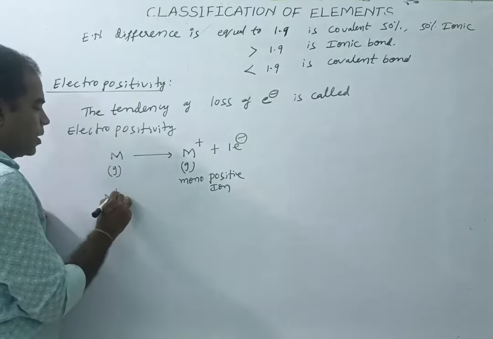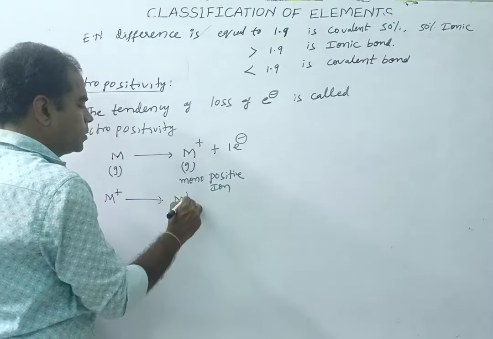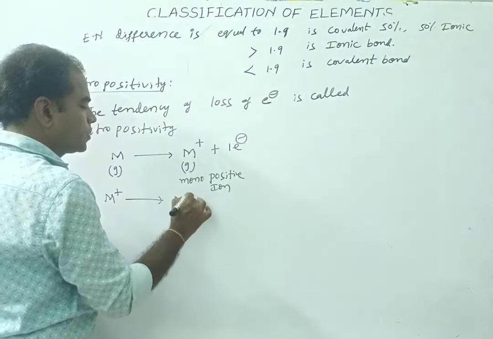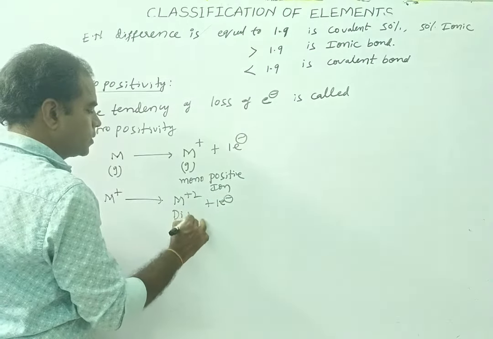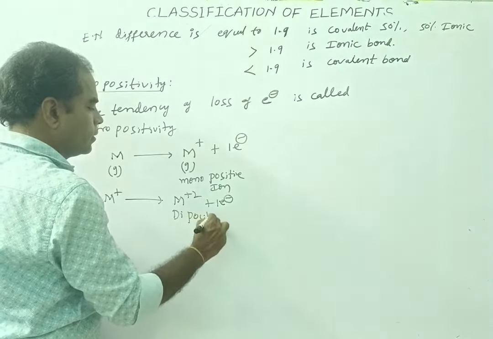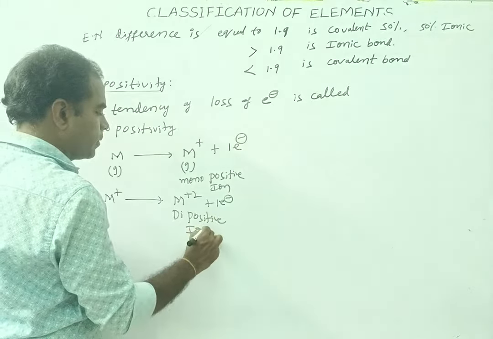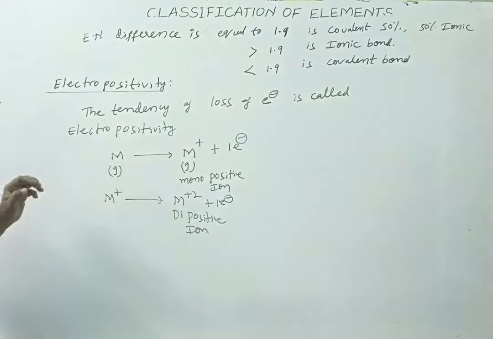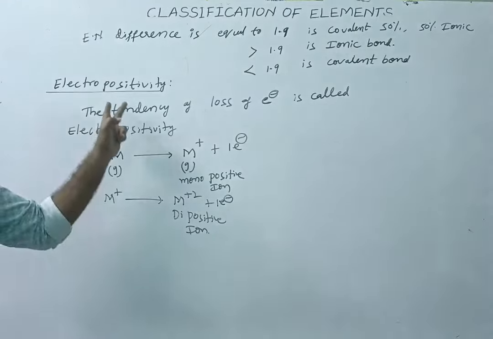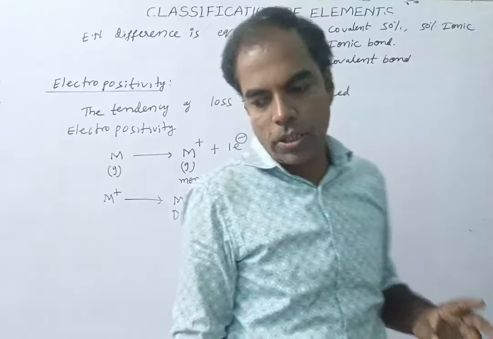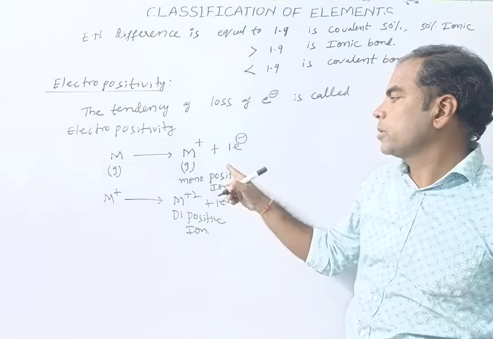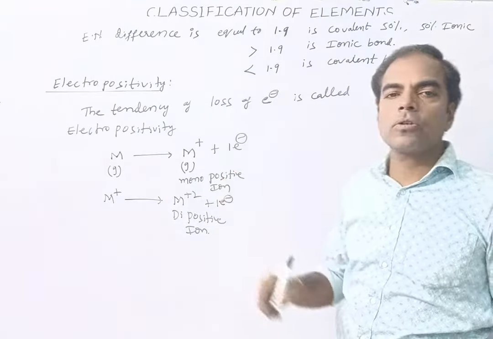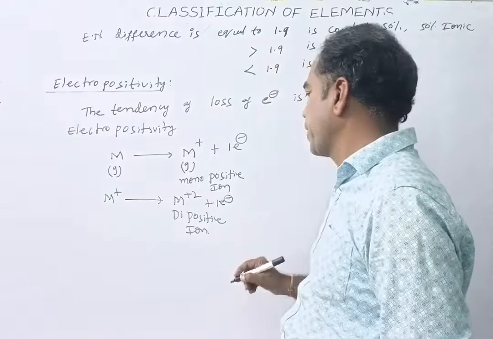To lose one more electron gives M plus 2, a dipositive ion. The tendency of loss of electrons is known as electropositivity.